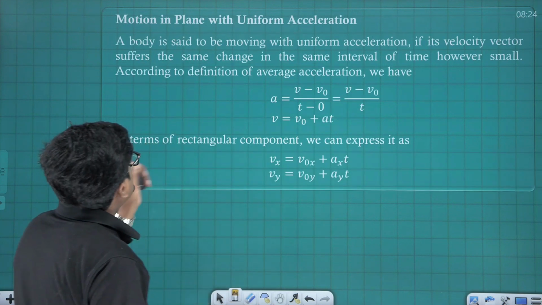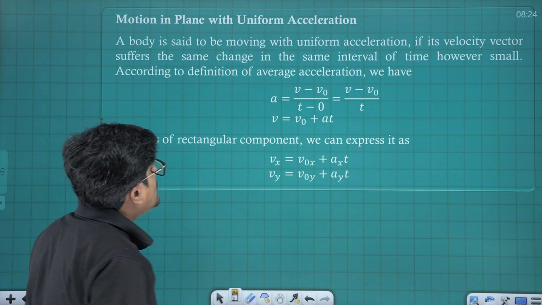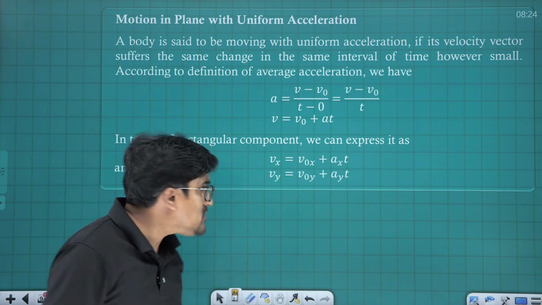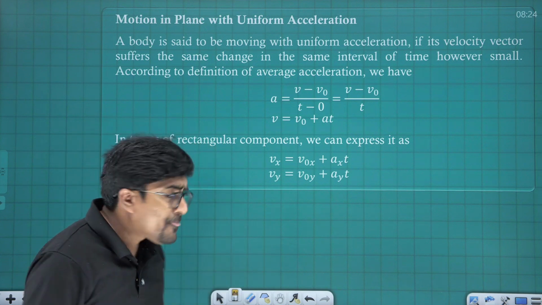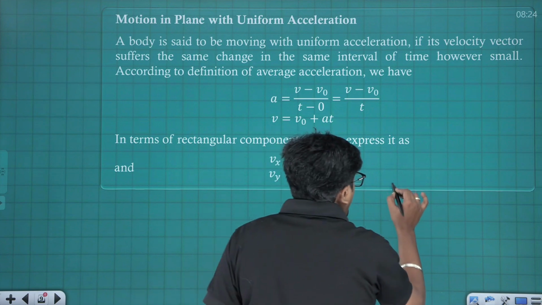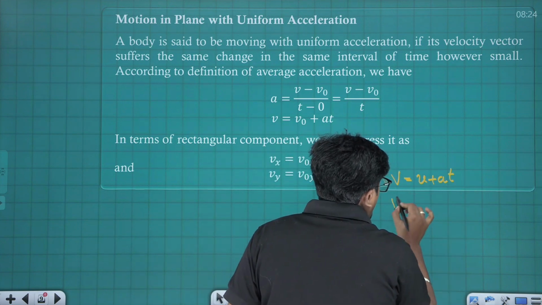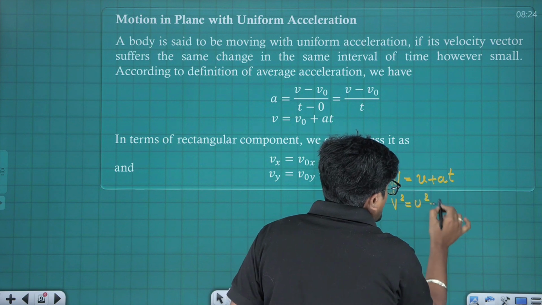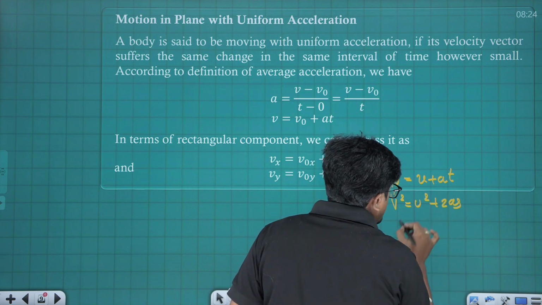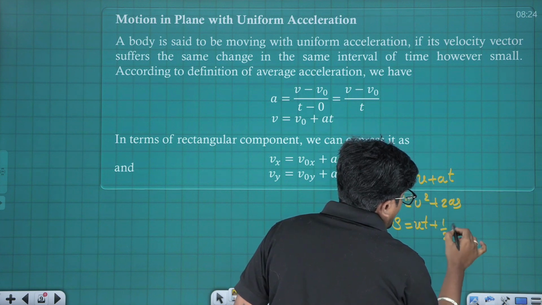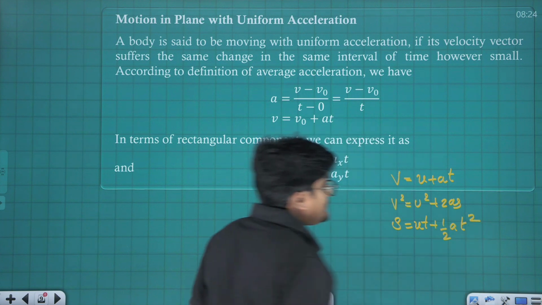The next one is motion in a plane with uniform acceleration. So here, in short, we all know that we have three equations of motion: v equal to u plus at, v square equal to u square plus 2as, and s equal to ut plus half at square.